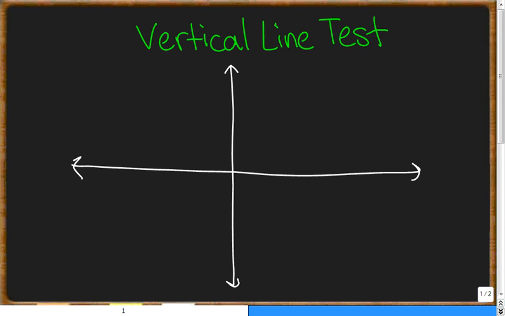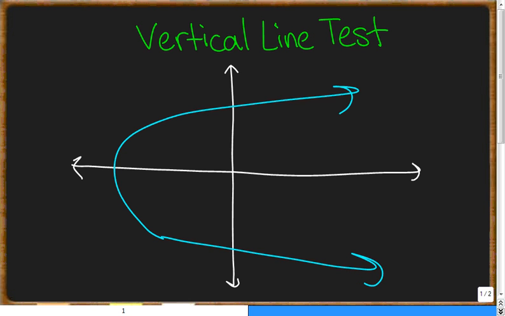Now, let's say we look at a different function, let's say kind of like a sleeping parabola. What you can see is that there's actually a ton of places where I can touch two places on my graph. Now, that means, in a sense, that for one x, so this given x, I have two different y values. So that's not what we want out of a function.